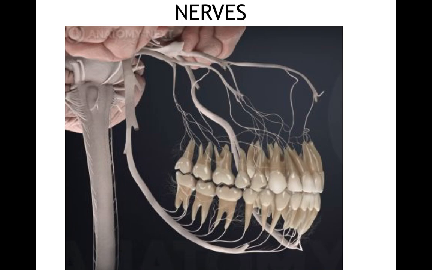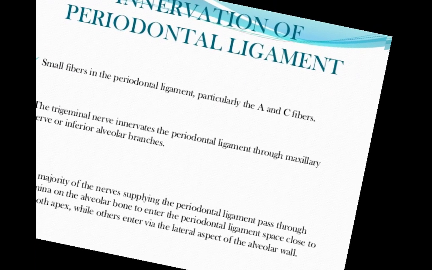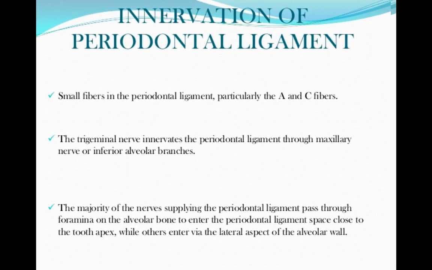Nerves. Innervation of the periodontal ligament. Small fibers in the periodontal ligament, particularly the A-delta and C fibers. The trigeminal nerve innervates the periodontal ligament through the maxillary nerve and inferior alveolar branches.